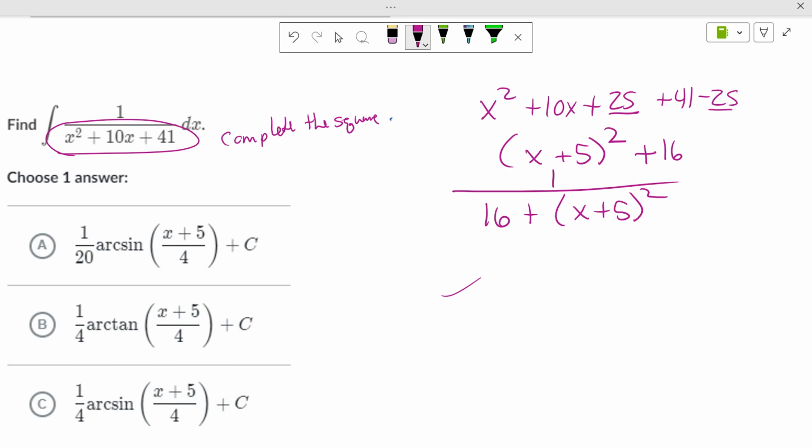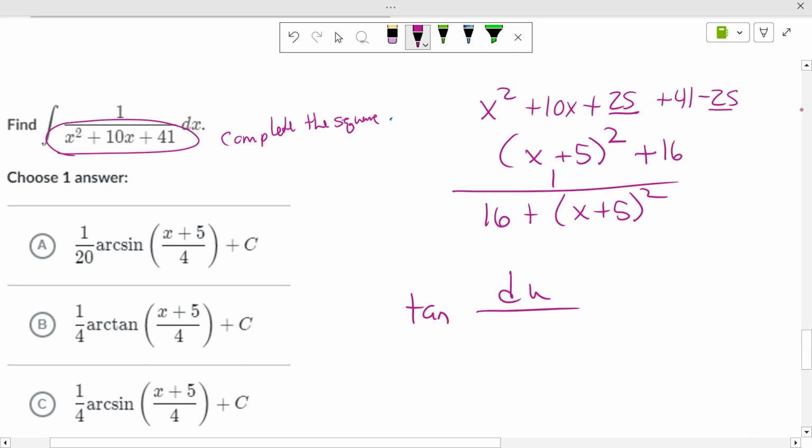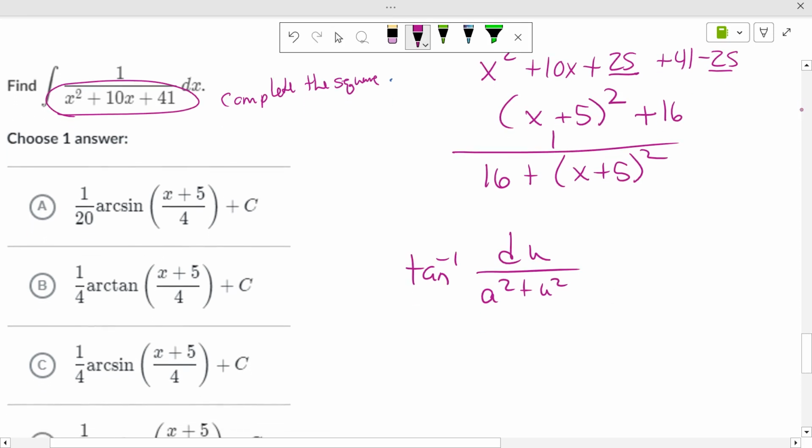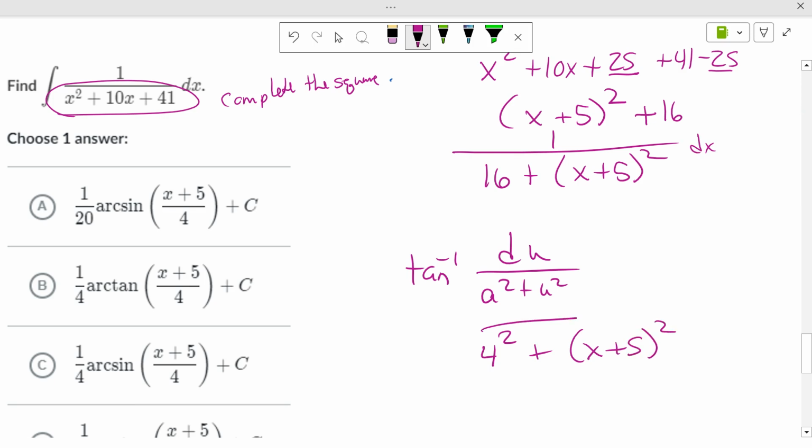Okay? So our tangent one, the tangent that you just wrote down, is du over a squared plus u squared. And that's it, right? So our du, the first derivative of x, is just 1, right? So our du is taken care of. So a squared is 4 squared plus x plus 5 squared du.